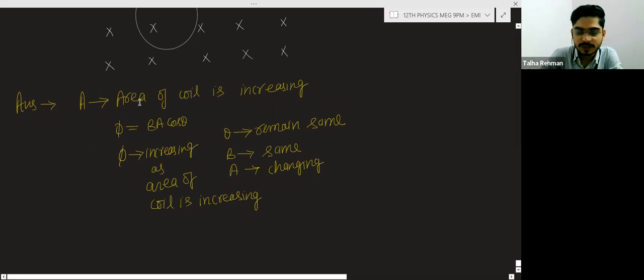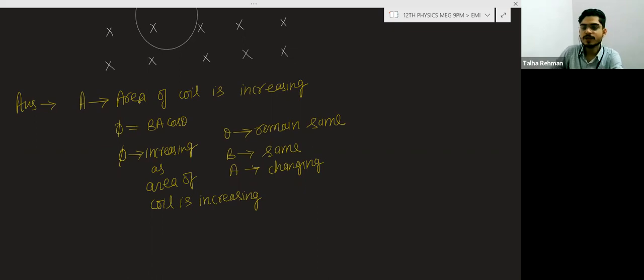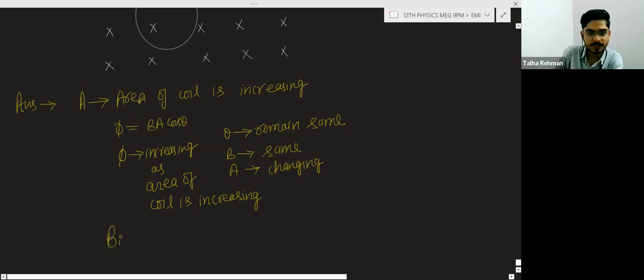This induced current will try to decrease the flux linked with the coil. So the induced magnetic field due to the induced current will be in the opposite direction of the magnetic field.